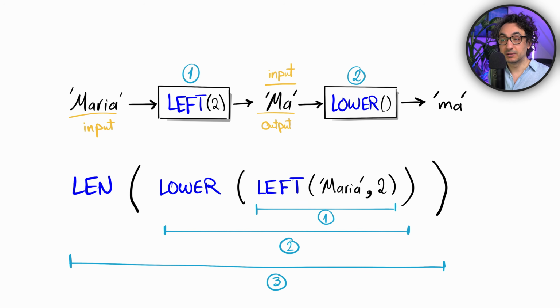That means the output of LEFT goes to LOWER, and the output of LOWER goes to LENGTH. It is very simple, and the order of execution always starts with the inner function. So the LEFT function is executed first, then the outside function LOWER, and the last function to be executed is LENGTH. This is how nested functions work in SQL or in any programming language.